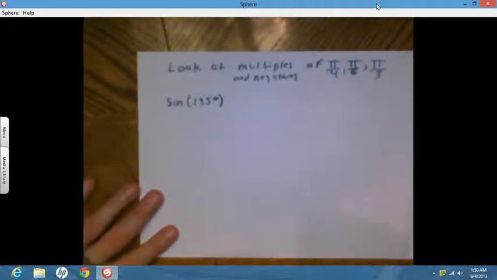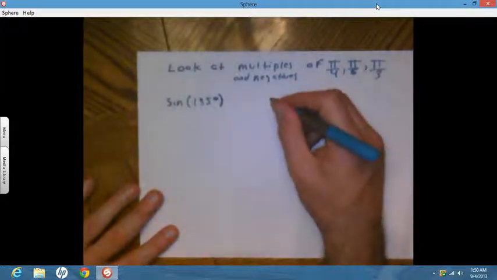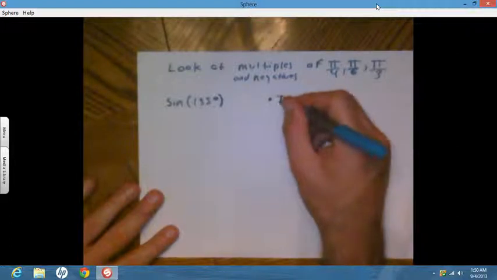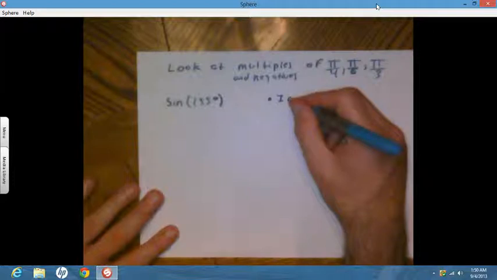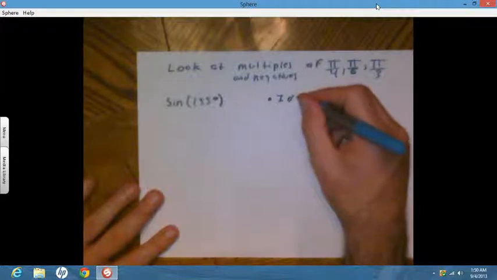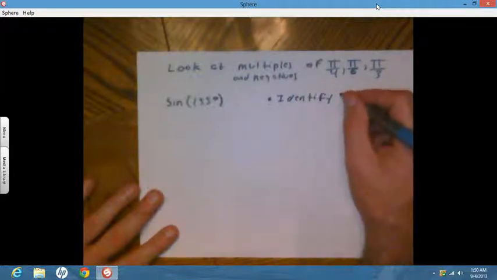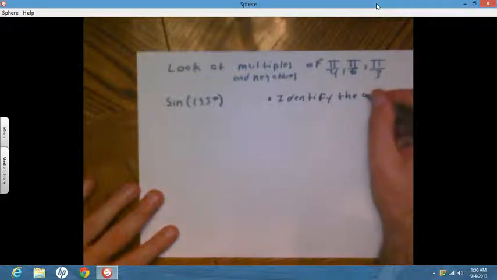So the first step, we're going to want to identify what quadrant we're in. Okay, identify the quadrant.